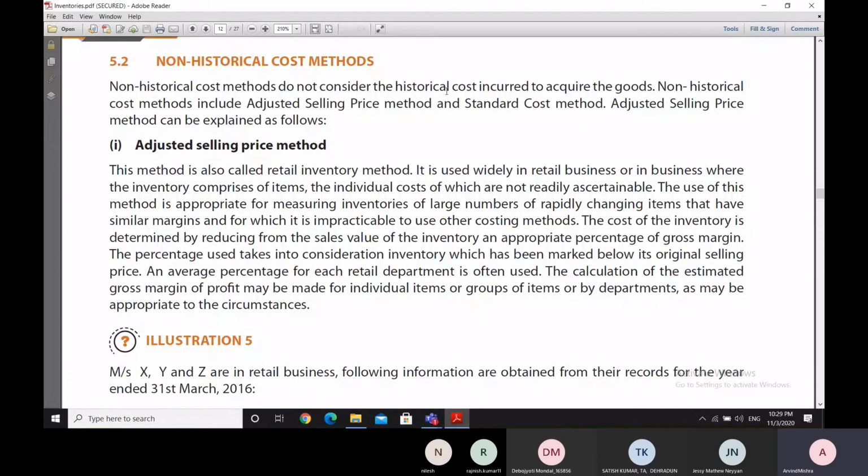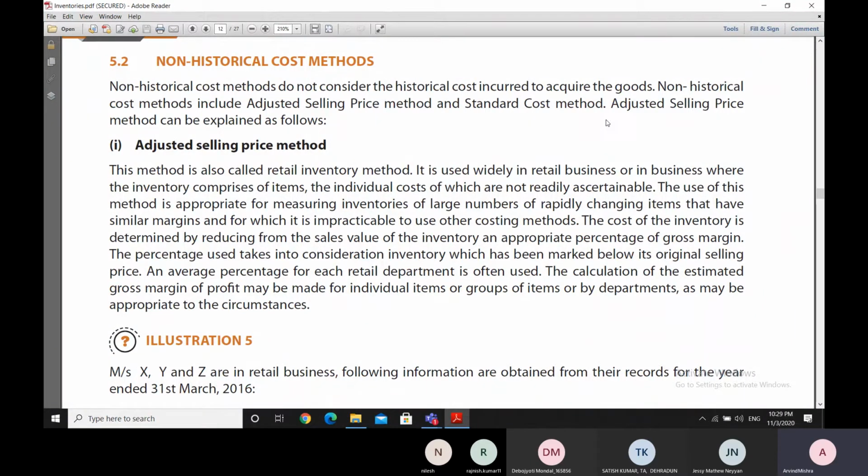We are not interested in history. No historical cost incurred to acquire the goods will be used here to compute the inventory valuation. So non-historical cost methods include, number one, the adjusted selling price method, and the second, the standard cost method.